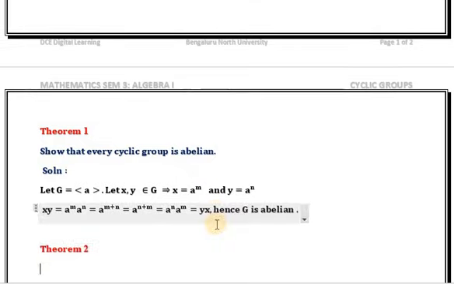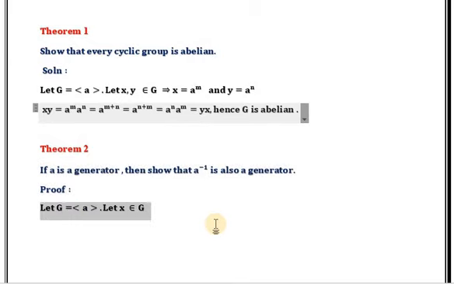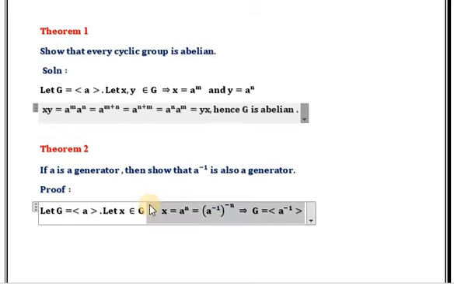Theorem 2. If a is a generator, then show that a inverse is also a generator. Let us consider G be a group generated by a, and let x belonging to G be any arbitrary element. Then x can be expressed as an integral power of a.